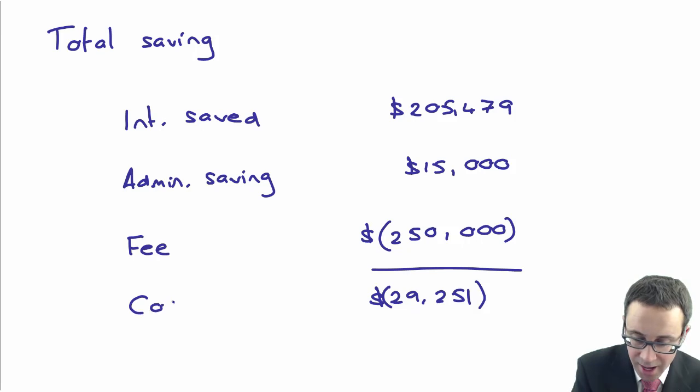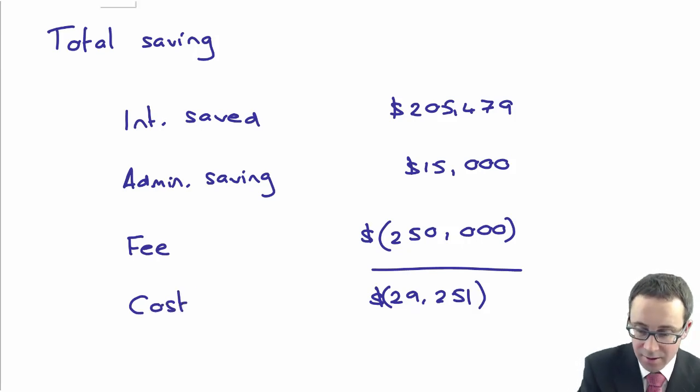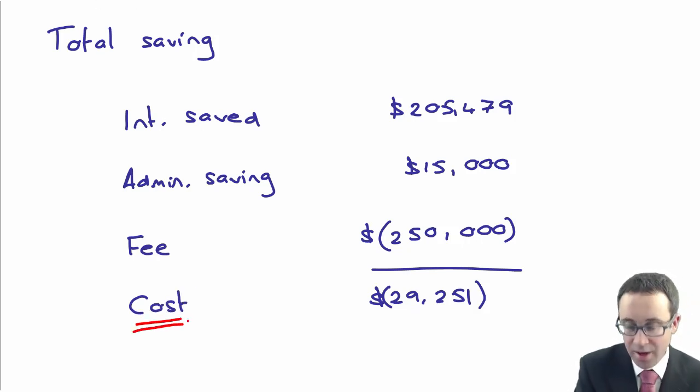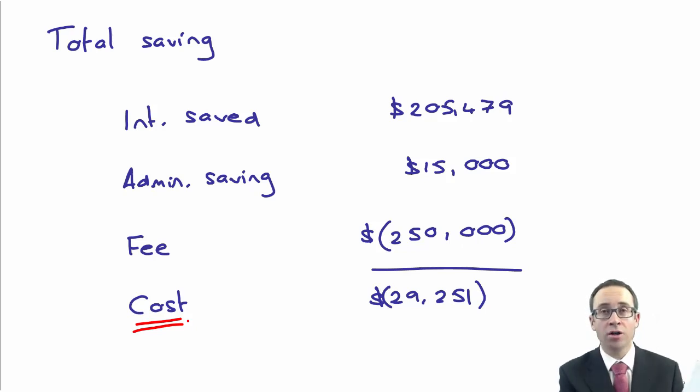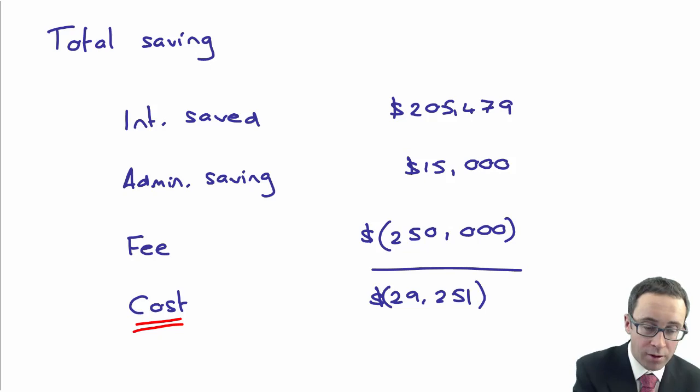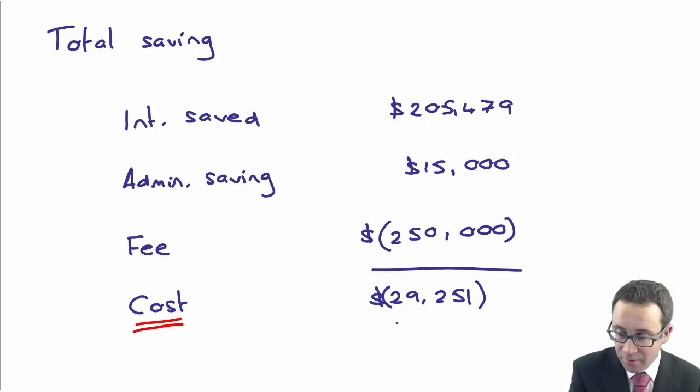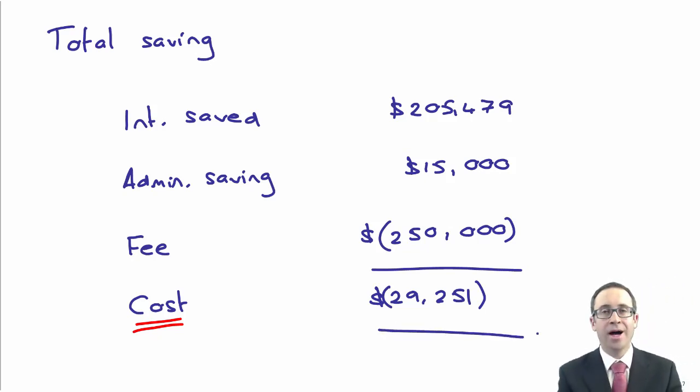We don't actually have a saving, we have a cost, so it is a cost to the business. There is no saving, so therefore, would you accept the factor's offer? I wouldn't, because it is a little bit too expensive. It's more expensive than if we were without the factoring.